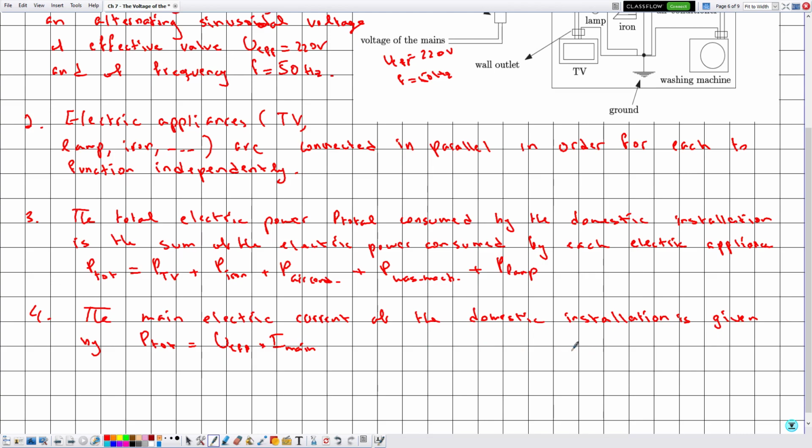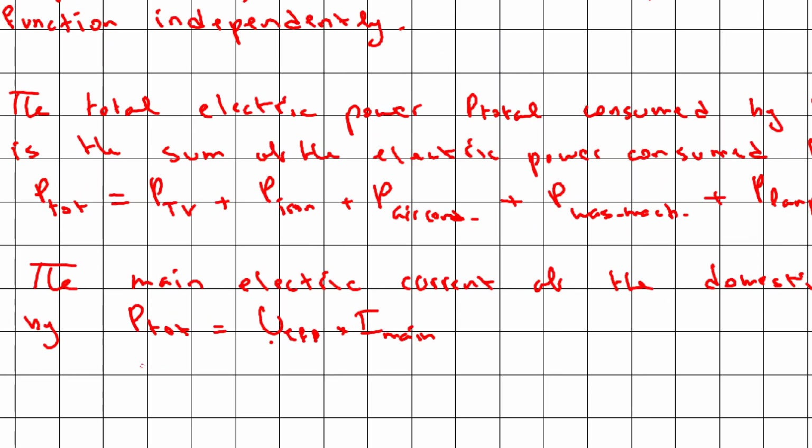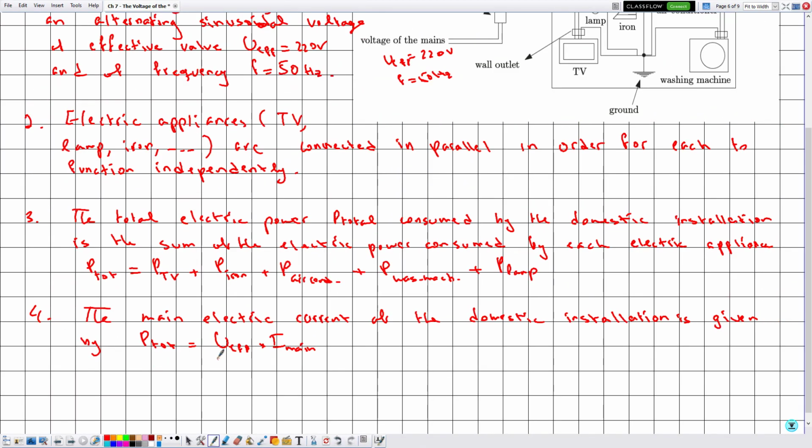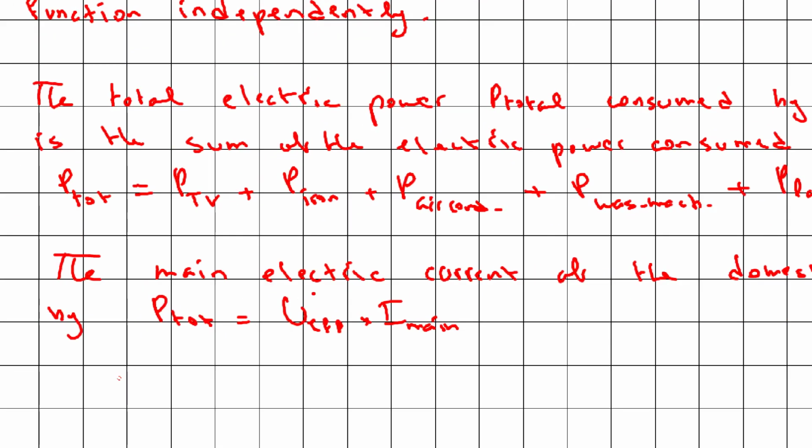Here, if we are talking about U effective, then I must be effective, because we are talking about the voltage of the mains and not a simple electric circuit. So let's name the electric current I main. We are interested in determining I main.